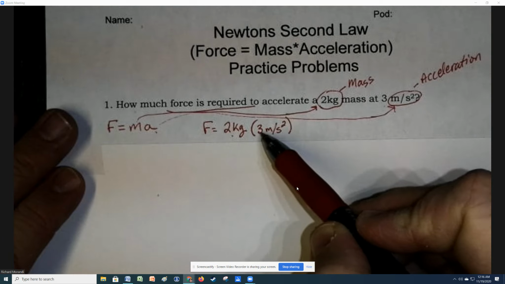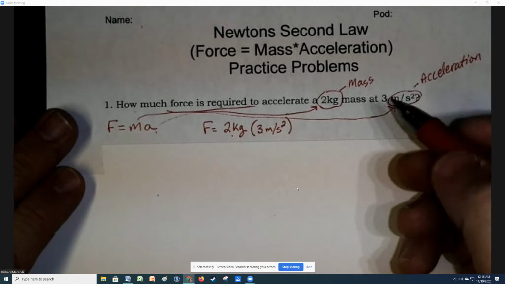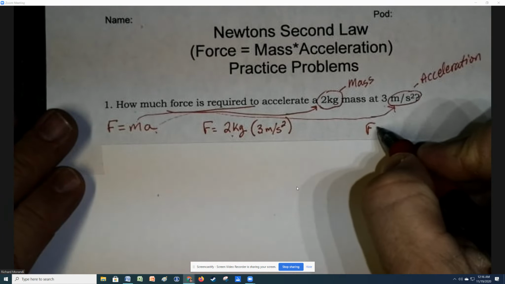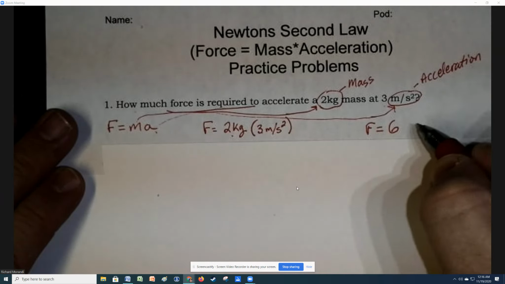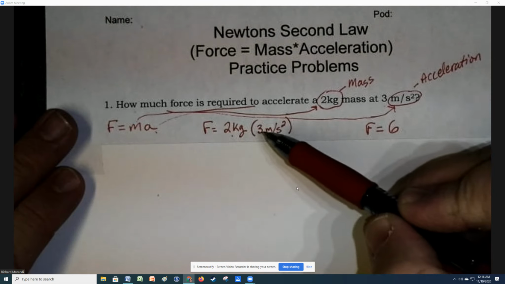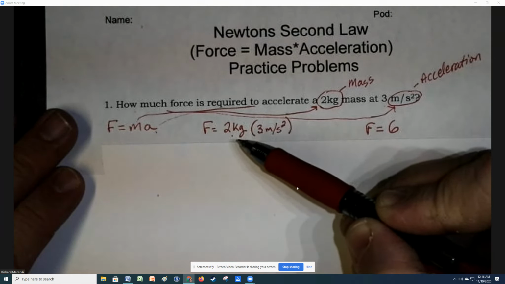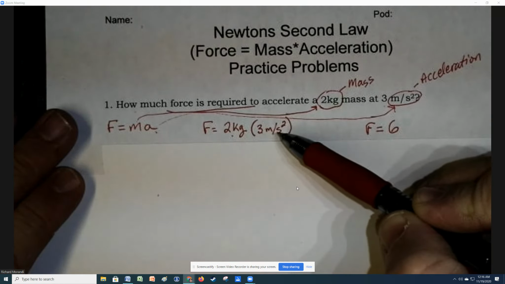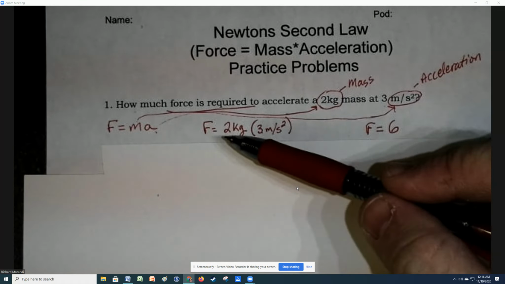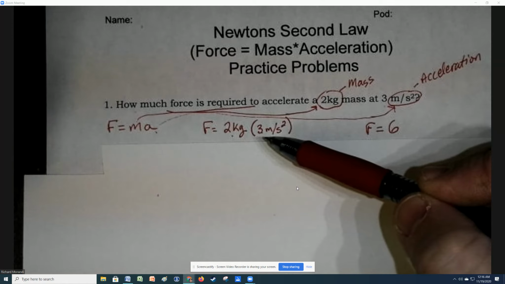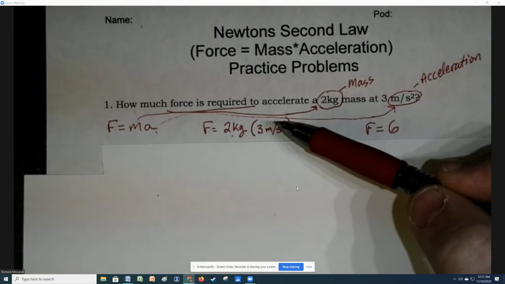2 times 3 is going to be 6. So F equals 6. And I could write it 2 ways. Now, 2 times 3 is easy, right? But kilograms times meters per second squared, that's not any kind of math I can do. 2 and 3 are like terms. I can combine them. 2 times 3 is 6.